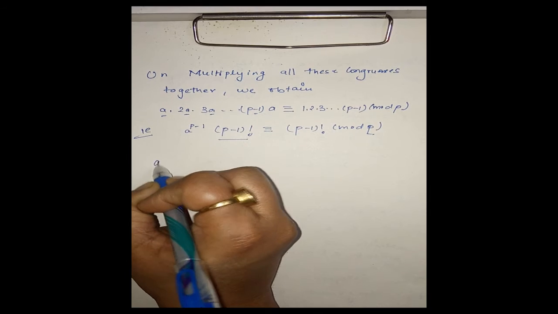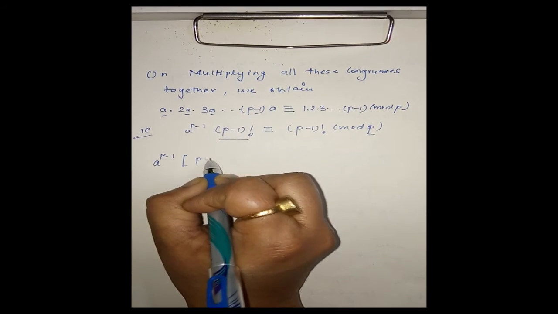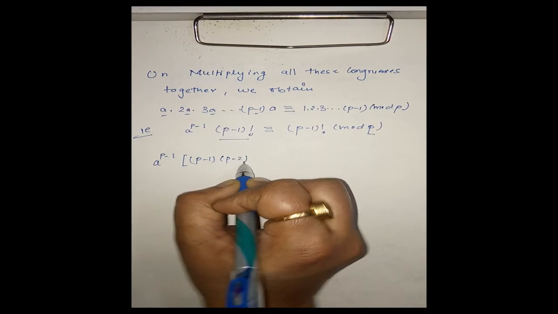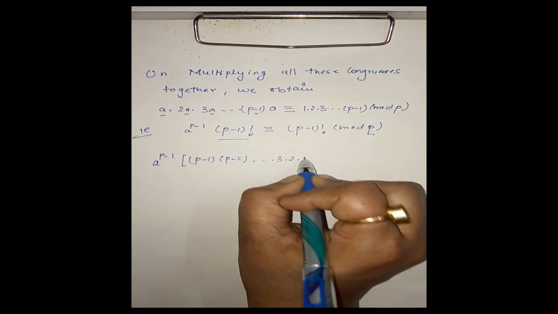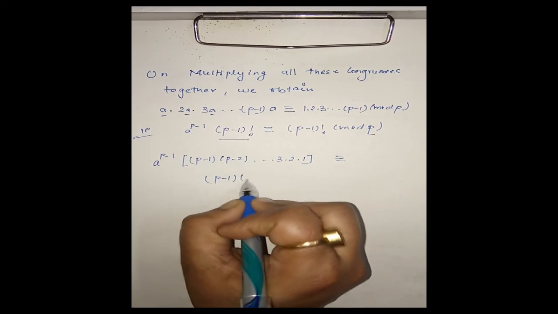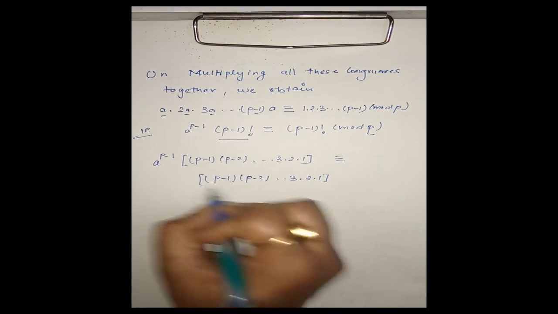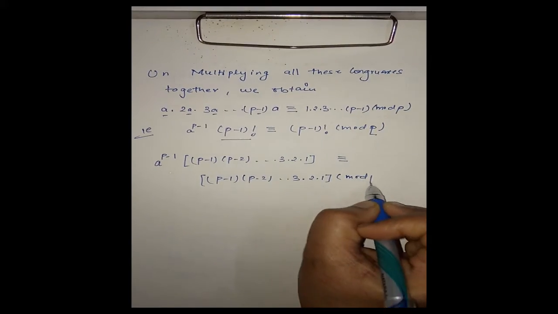Here we can again write a to the power p minus 1, and here p minus 1 into p minus 2 up to 3 into 2 into 1 is congruent to p minus 1, p minus 2 up to 3 into 2 into 1 modulo p.